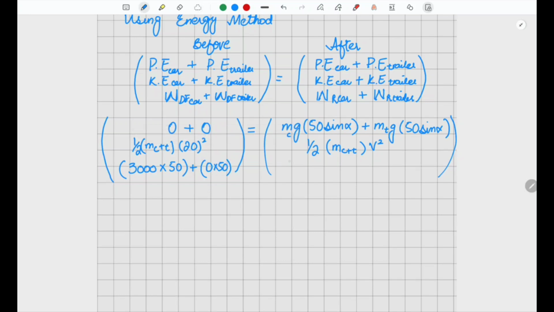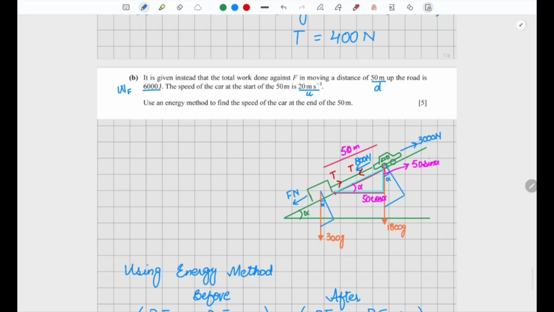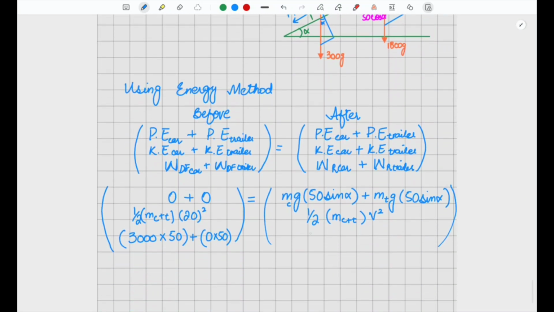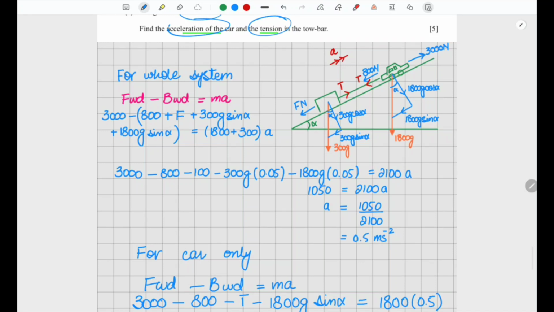Then secondly it will be work done against resistance for the car. The work done against the resistance is given by 6000 joules for the trailer.